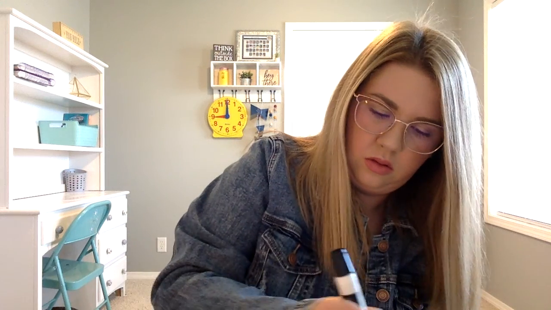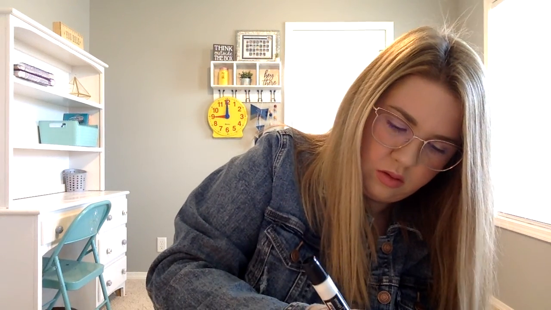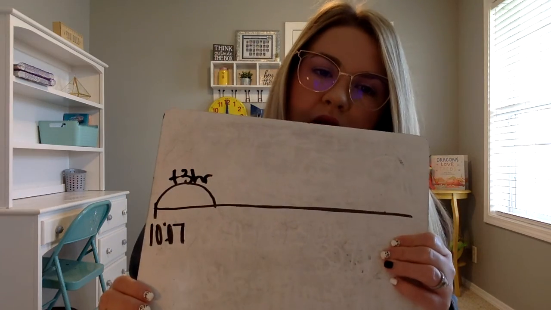Then you are going to do some jumps. Again, this time I'm going to start with my hours. It's up to you however you want to start. So I'm going to do a 3-hour jump. I'm labeling that, and I know that's going to put me at 1:07.